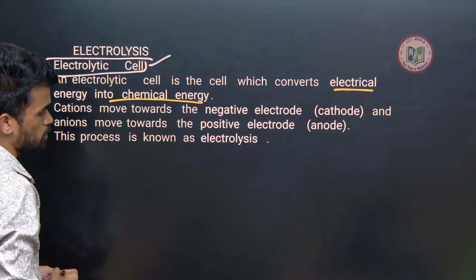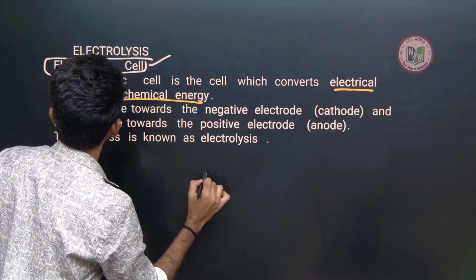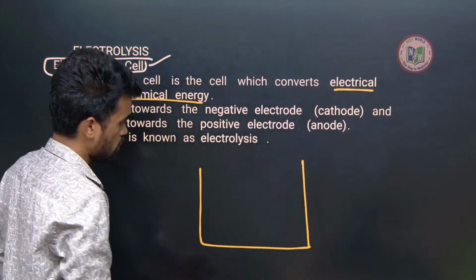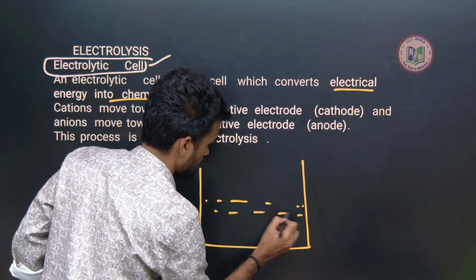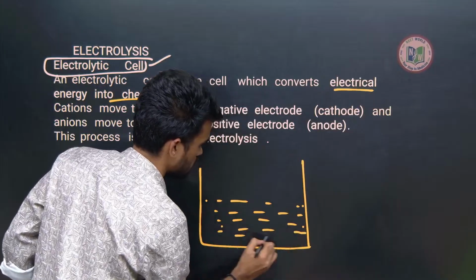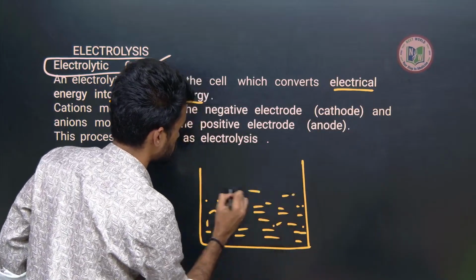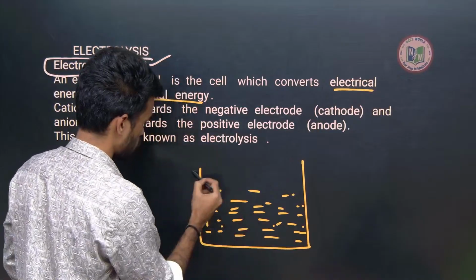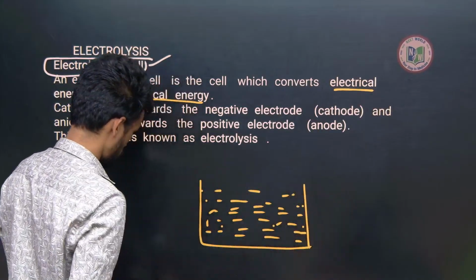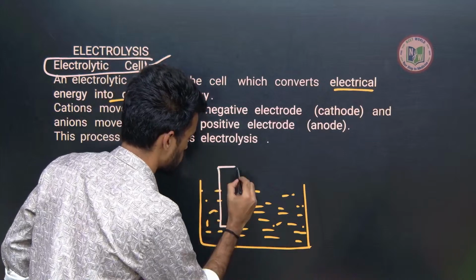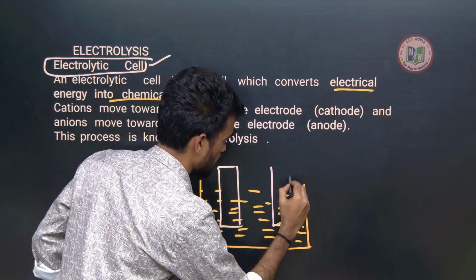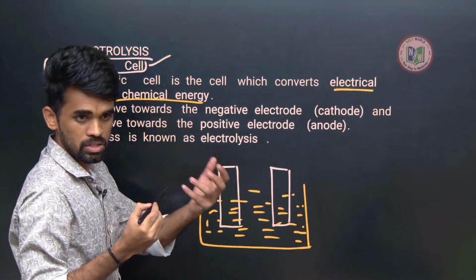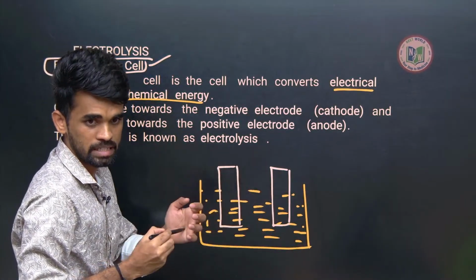Now in this electrolytic cell, let us say this is the cell, and we have the electrolyte here. In this I am taking two electrodes. These two electrodes are connected to an external source, say an external battery. Why?